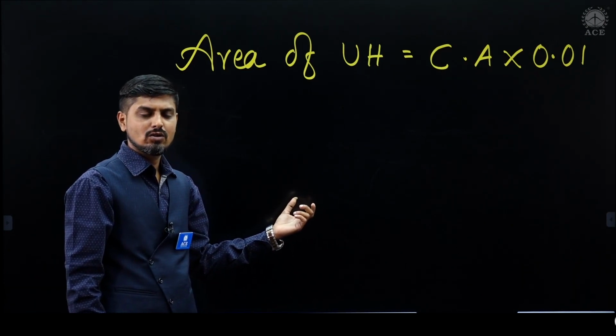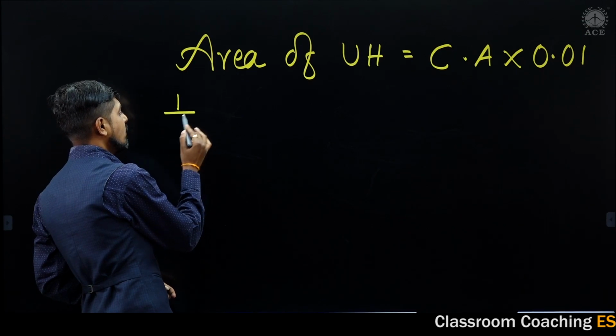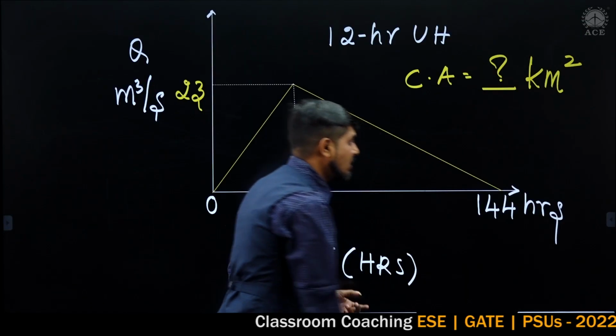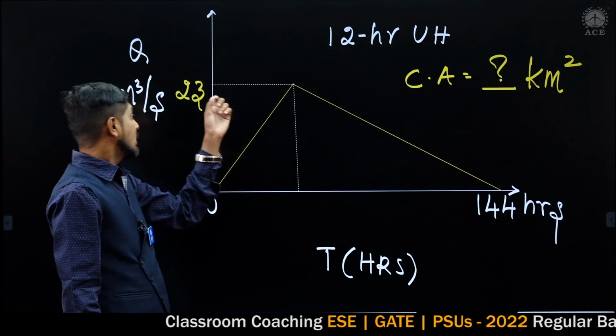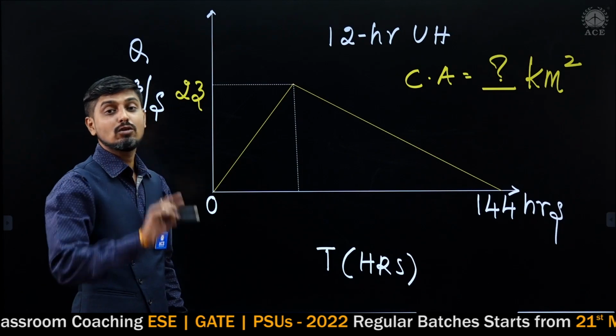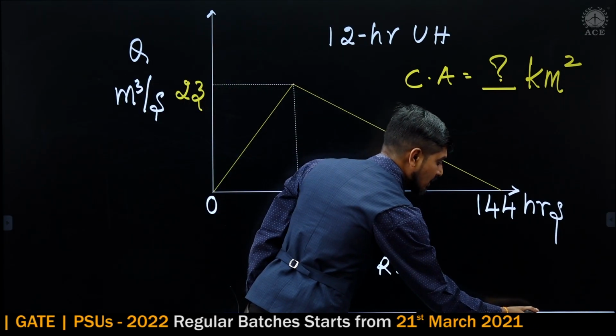So the given unit hydrograph is in the form of a triangle, so use half into base into height. Half into base width, which is known, 144 hours, height, that is the discharge value, is 23 meter cube per second. So conversion, many people forget conversion here.